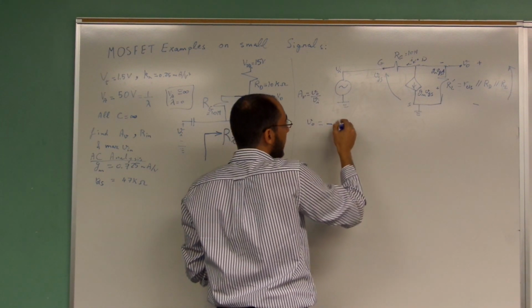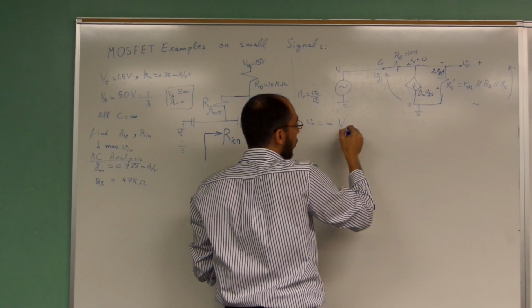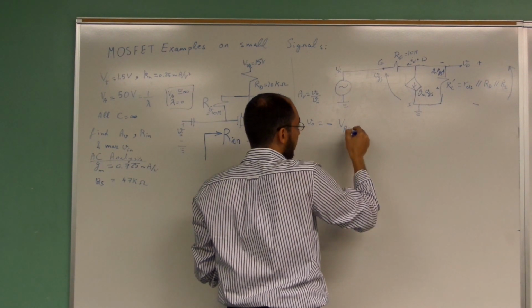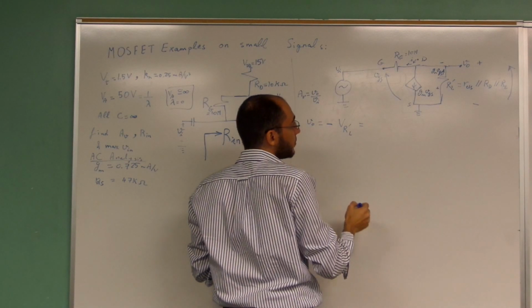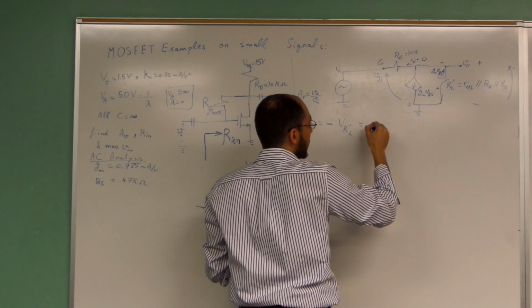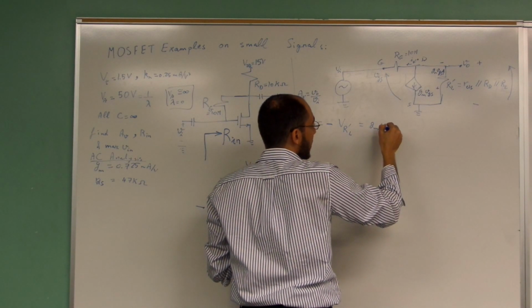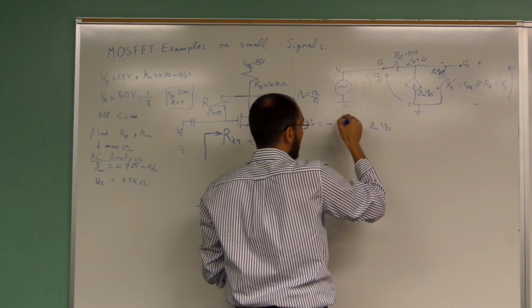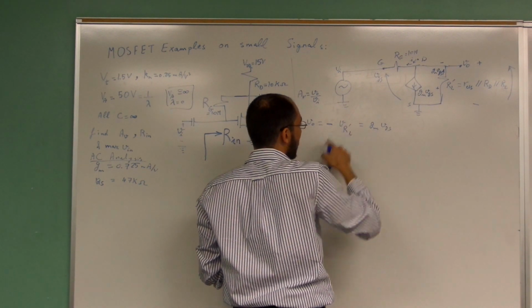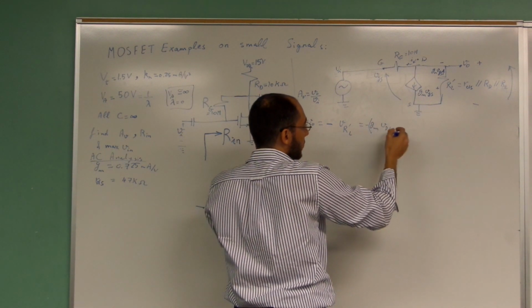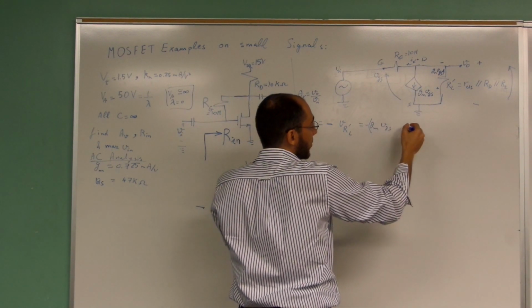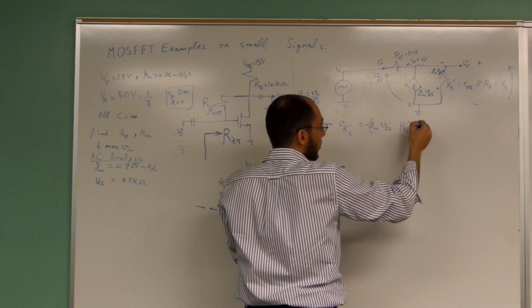So it's the negative of the value of the voltage over RL prime, which equals GM VGS, that's the value of the current. I like to call this small v. GM VGS with a negative value, that's the current, and multiplied by the resistor, which is RL prime.